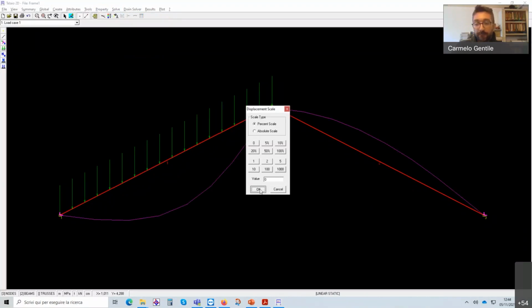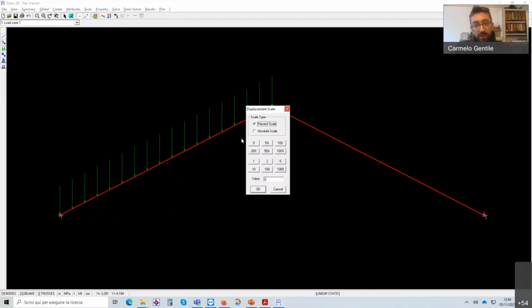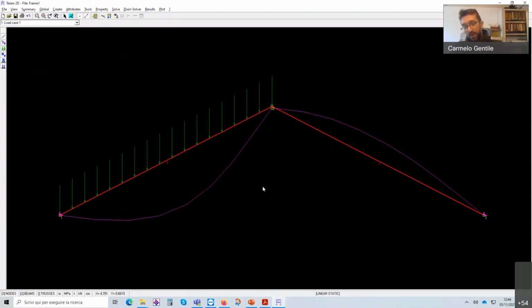Okay, let's start. Originally we should find this. We go look for the deformed shape, which was the one before. Okay, do you think it is right? Or are you surprised that it is like this? Take your time.